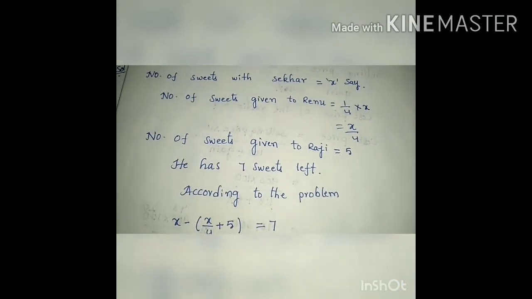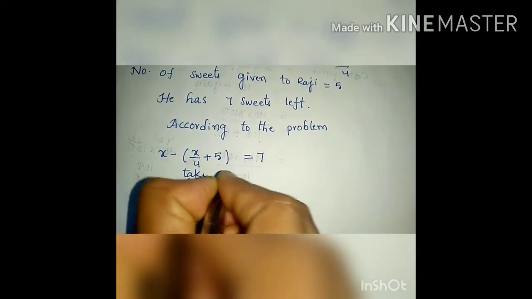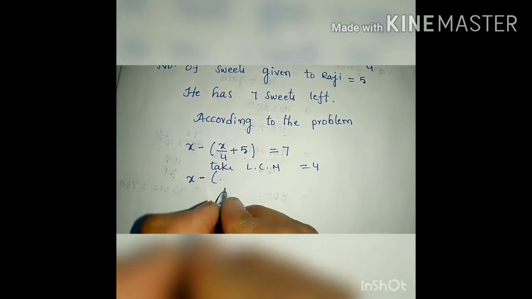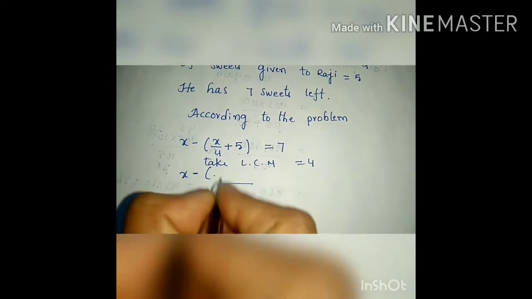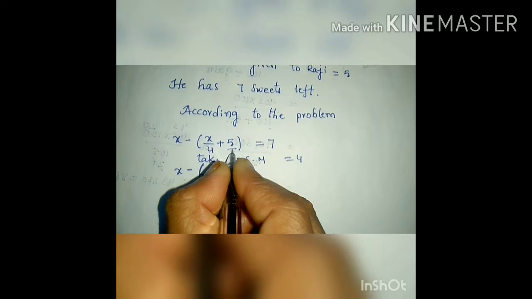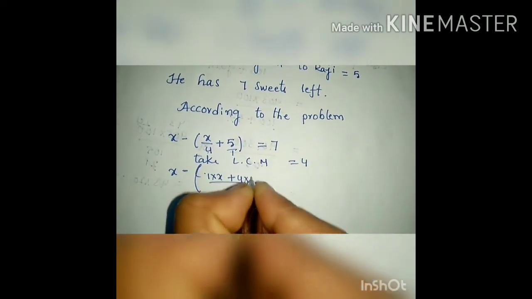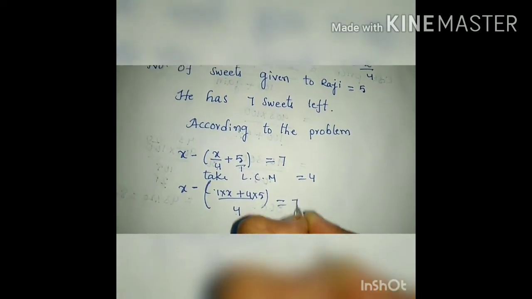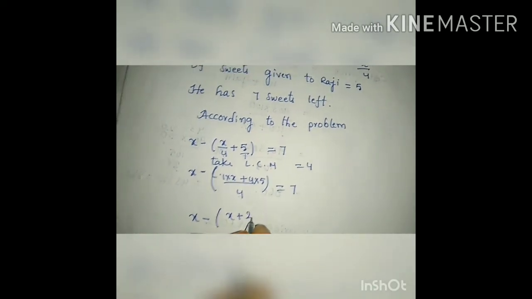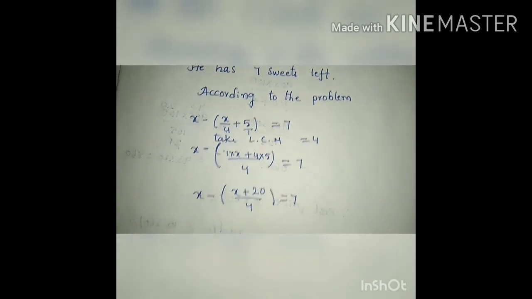Okay, so x minus x by 4 plus 5 equal to 7. Take the LCM equal to 4. Here 4 by 4, one time is possible, 1 into x. Plus, the 5 has no denominator, so the denominator is 1; 4 ones are 4, 4 into 5. So x minus x plus 4 fives are 20, by 4 equal to 7.